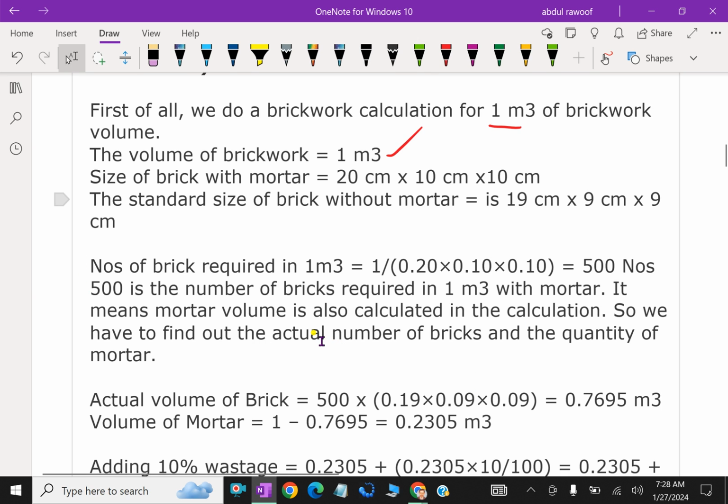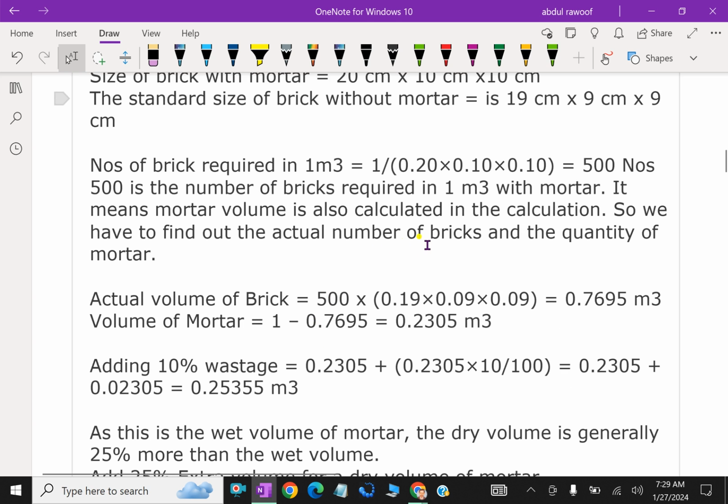It means the mortar volume is also included in the calculation. So we have to find the actual number of bricks and the quantity of mortar, calculating separately how much volume of mortar is required.